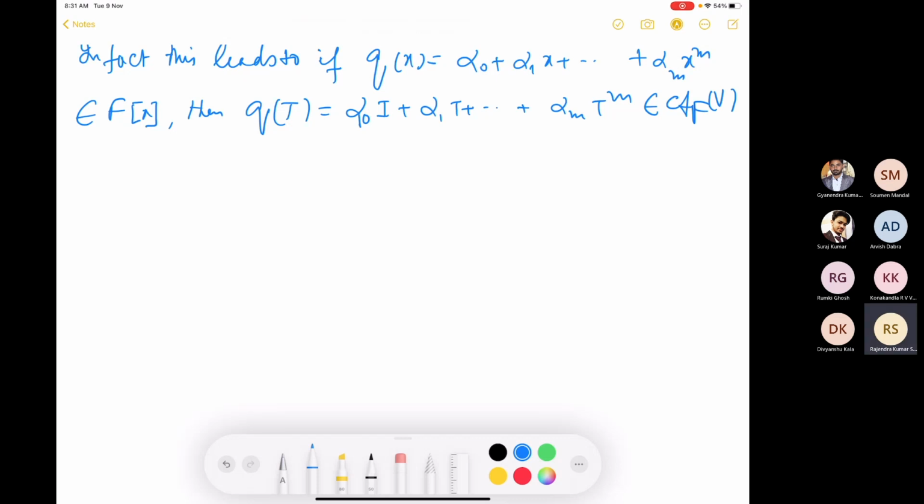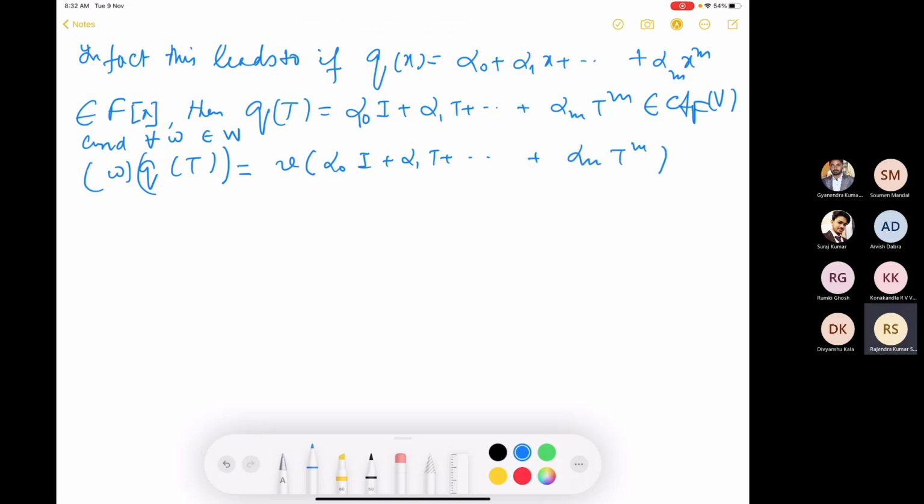So what you can easily see here is that for every w in W, w q(T) is the same as w under alpha naught I plus alpha 1 T up to alpha m T^m.